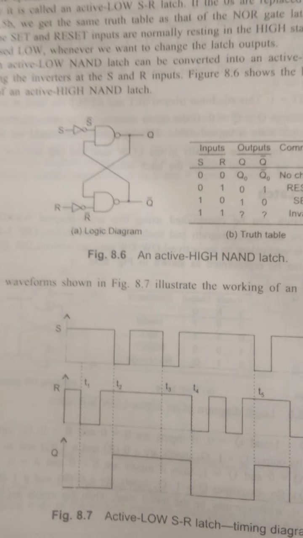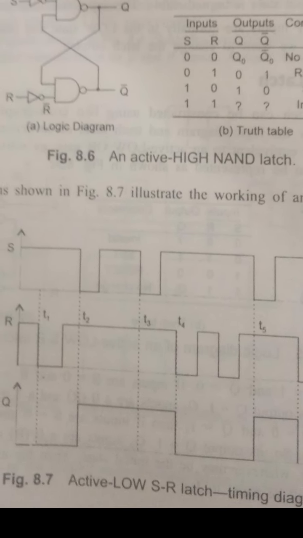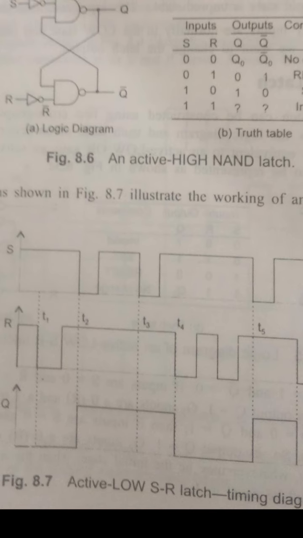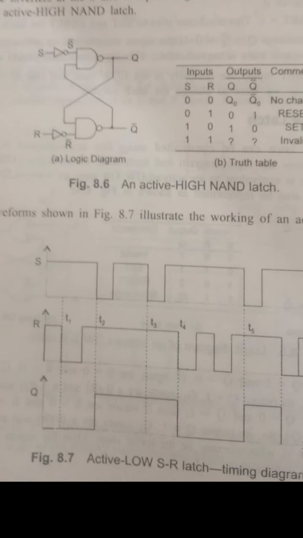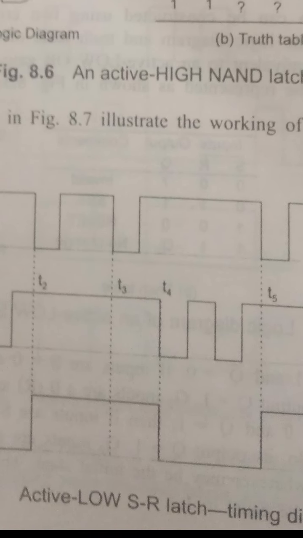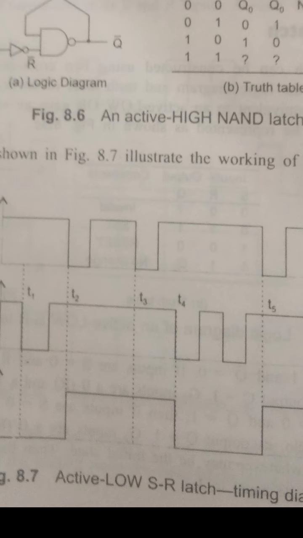But a negative pulse applied to S at time T2 brings Q to 1 logic state and Q remains at 1, and a negative pulse applied to R at time T4, then the state changes and Q becomes 0.